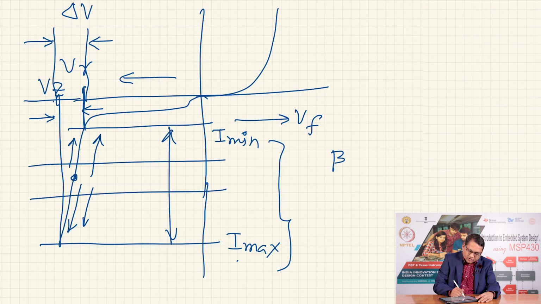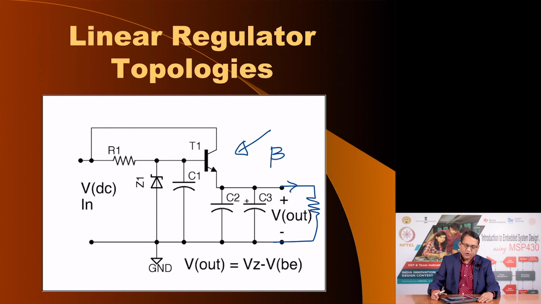If it is restricted to a smaller region, the corresponding variation in the voltage gets reduced. And so, if I use this topology where apart from the Zener voltage, I use a series pass transistor, it would give me a better voltage regulation figure.